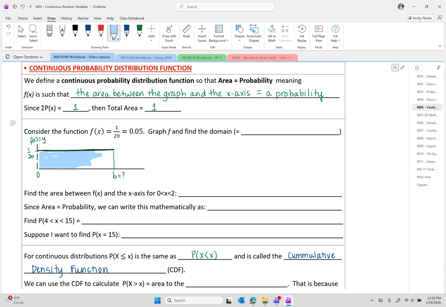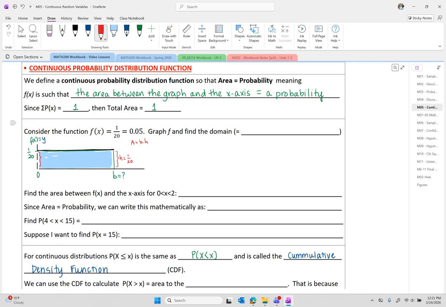And since the line y equals 0.05 is a horizontal line, the shape between the x-axis and the function is a rectangle. And the rectangle has area equal to base times height. The height is equal to 1 over 20, which is the same as this length on the y-axis. So then the question is, what's the base?